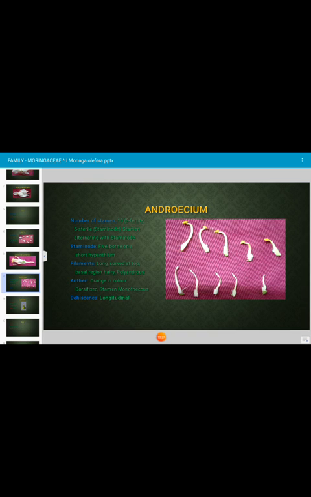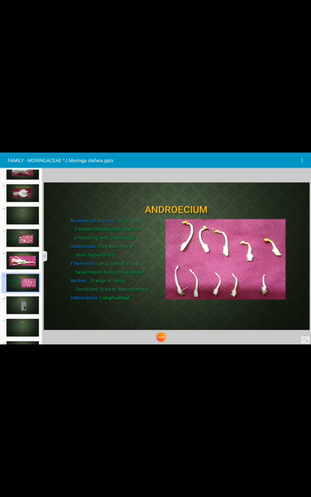Anther is orange in color, and the anthers are dorsifixed, because the filament is attached to the dorsal surface of the anther lobe. Hence it is dorsifixed, and the stamens are monothecous, one celled.